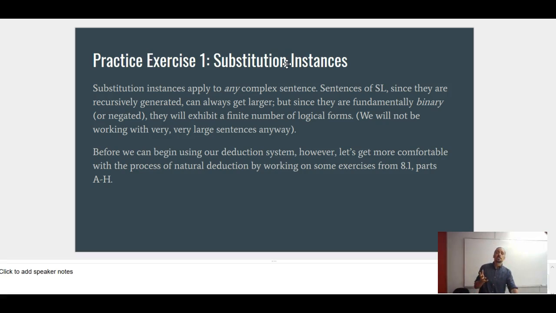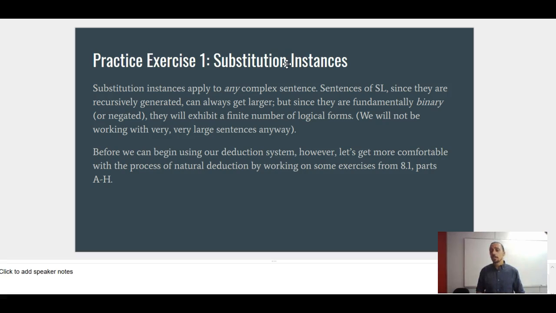So substitution instances like this apply to any complex sentence. Sentences of SL, since they're recursively generated, can always get larger, but they're fundamentally binary or negated. So they'll exhibit a finite variety of logical form. What I want you to realize is that no matter how complicated a sentence gets, there's always going to be a main logical operator, and there are only going to be a few basic logical forms.